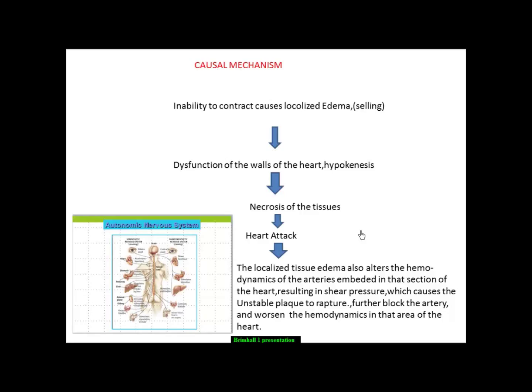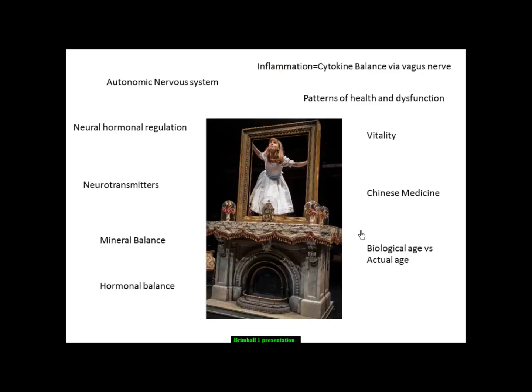So monitoring somebody and looking at their sympathetic and parasympathetic nervous system activity on heart rate variability is really important. When the person doesn't have a lot of parasympathetic opposition, they're more prone to these kinds of problems. That's another reason why we want to monitor our people with this technology.